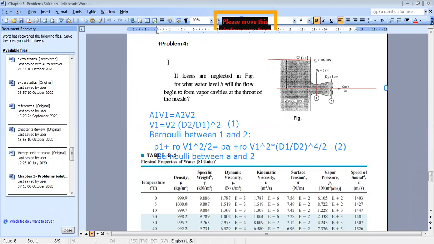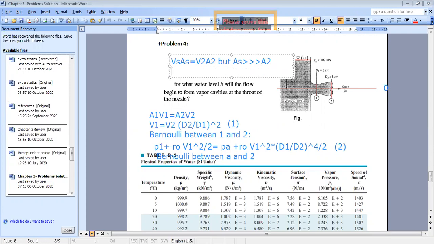Because you can write the following equation: V at surface times A surface equals V2 A2, but A surface is much higher than A2, so V surface is much lower than V2, and we can neglect it compared to V2. So nearly 0.